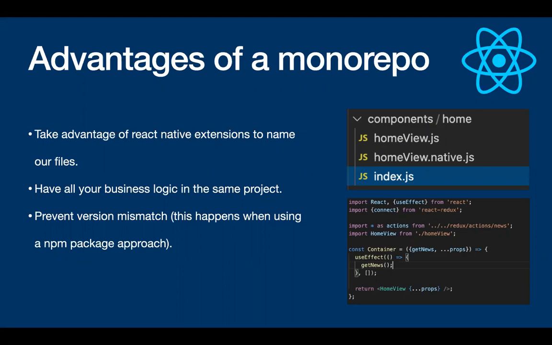So, another useful thing of the monorepo is that we have all the business logic in the same project. This is really useful because when we are modifying something, we just have to make a pull request, and the other developers will have the same logic that we changed at the same time, and this won't break things.